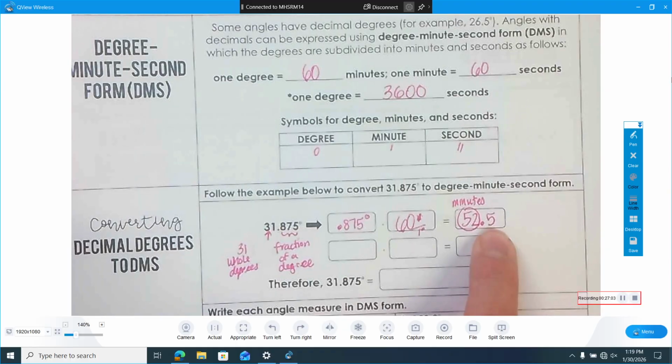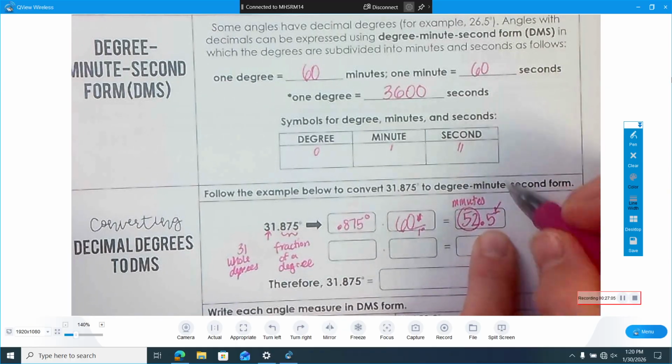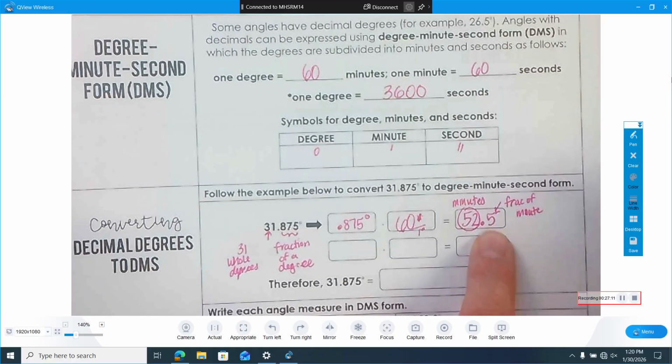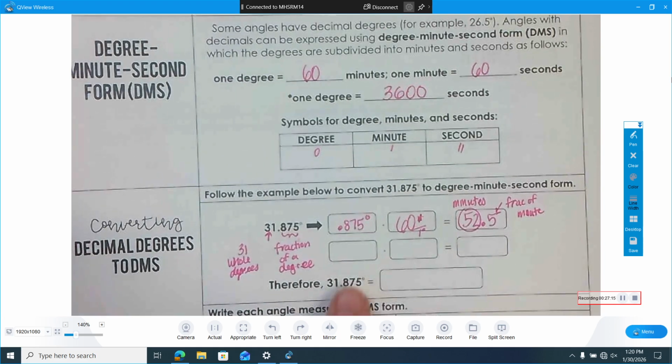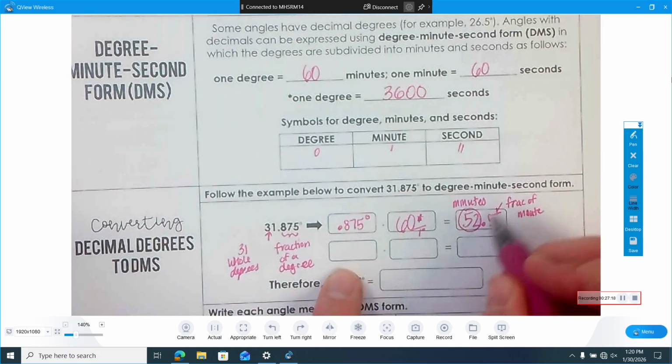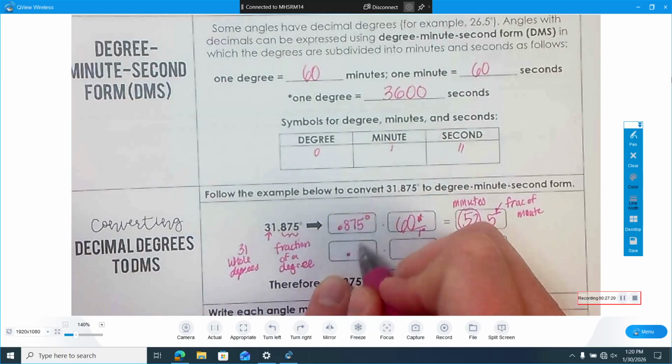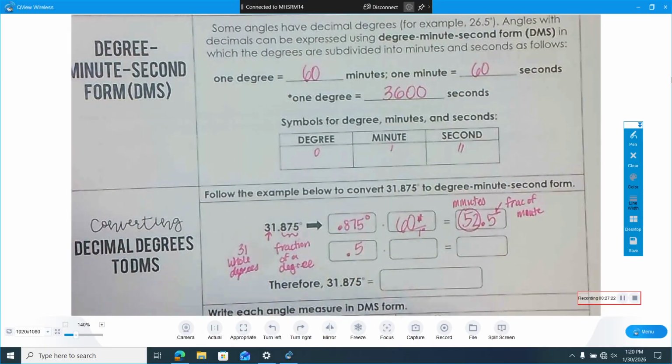And what's this piece? Well, it's a fraction of 1 minute. It's 0.5 of a minute. So I need to take that little fractional part, the 0.5, that is a part of a minute.